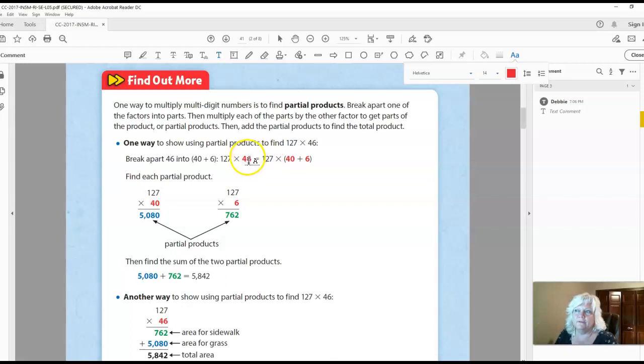So part of the 46 is 40 and part of the 46 is 6. They decided not to break apart that 127, but to break apart the 46. Then you multiply 127 times 40, 127 times 6. You add those two partial products together and get the answer.